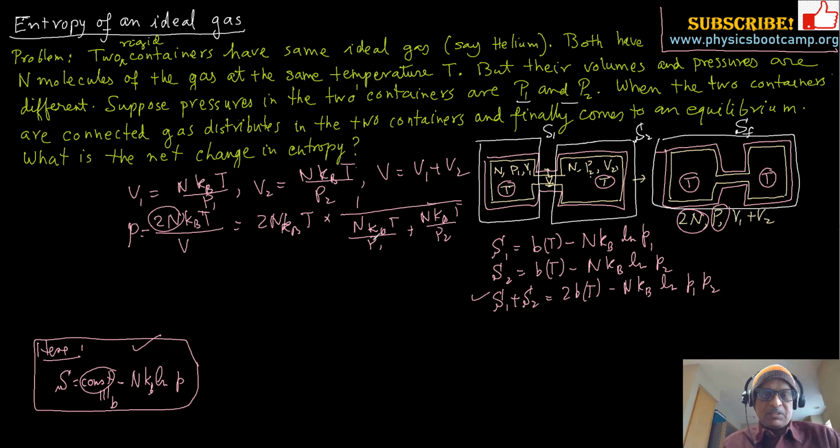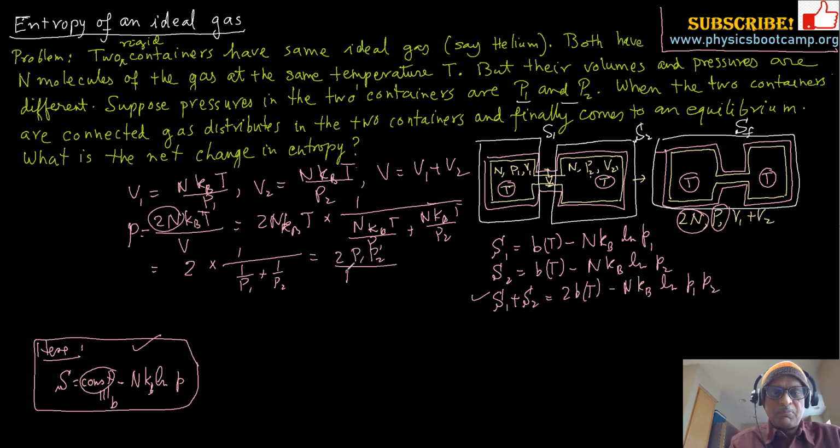So N k_B T cancels out. I guess 2 times 1 over 1 over P1 plus 1 over P2 is 2 times P1 P2 over P1 plus P2.